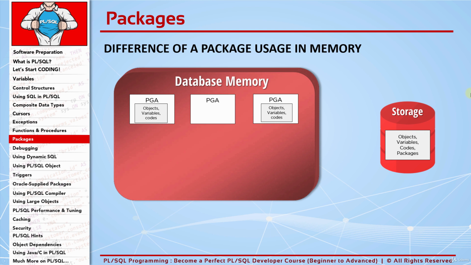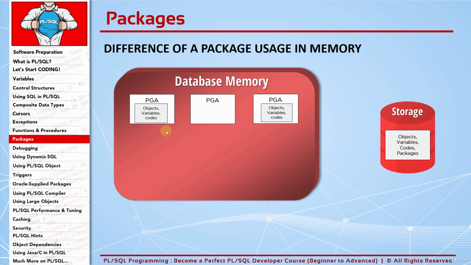All your functions, procedures, types, packages, etc., all your objects in your schema are stored in the storage of the database. This schema in the right represents the storage of the database. All of our objects are stored in the storage, and the left side represents the memory of the database.